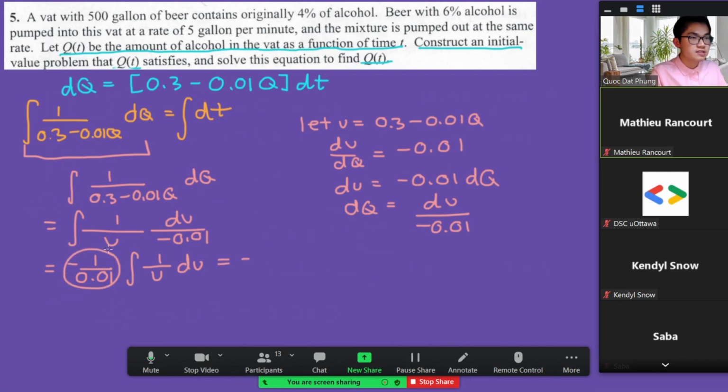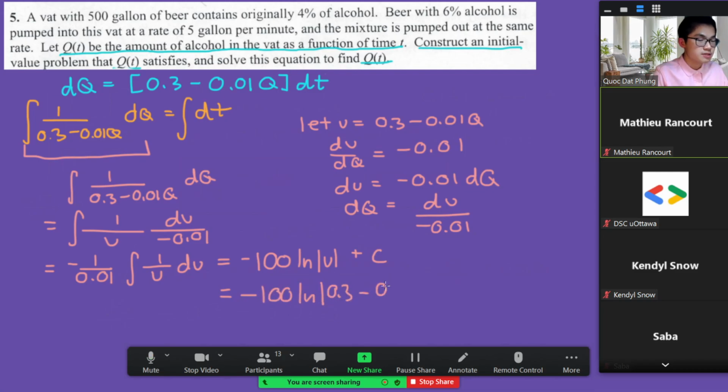And this is just the same as minus 100, if you realize that. That's just minus 100. And the antiderivative is going to be ln u plus c, and we need to substitute it back. So negative 100 ln of 0.3 minus 0.01 q plus c.